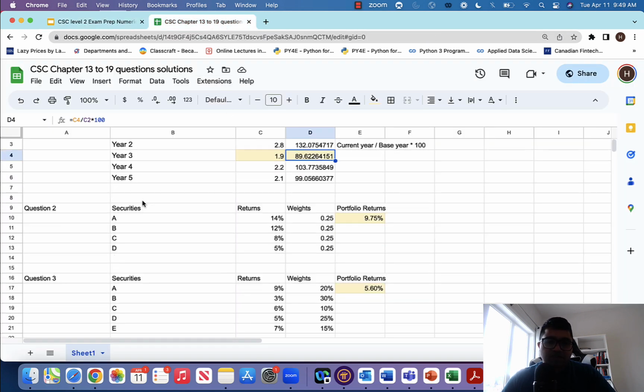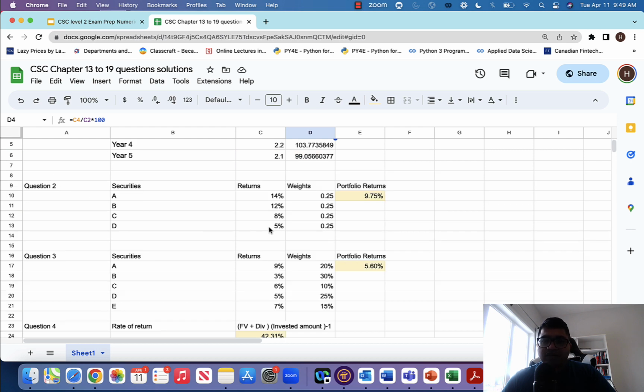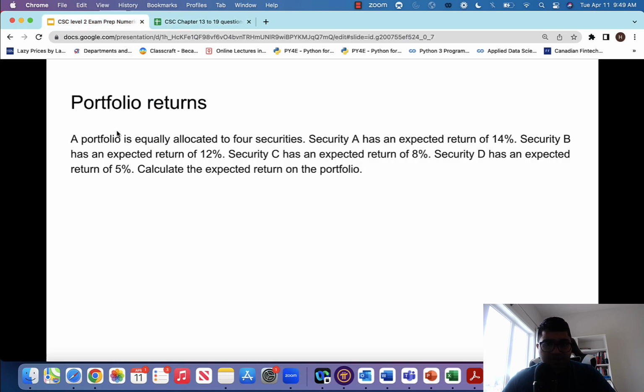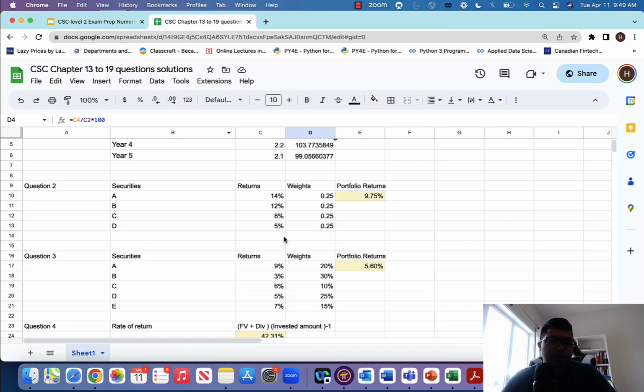Now how to do such questions? Portfolio return is always the weight of the investment times the return of that investment. So you're making investments across 4 stocks, A, B, C and D. Their returns are given, so note those returns down: 14, 12, 8 and 5.